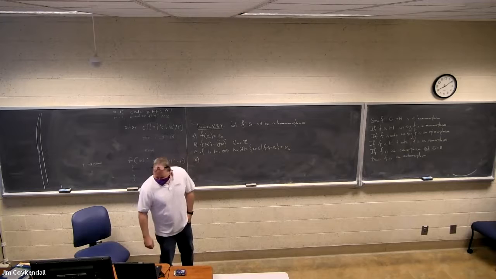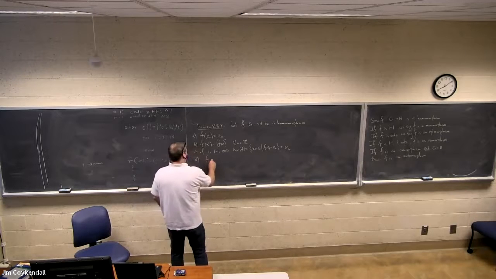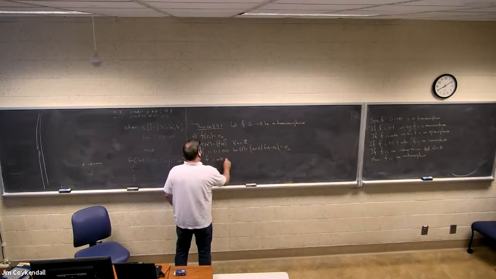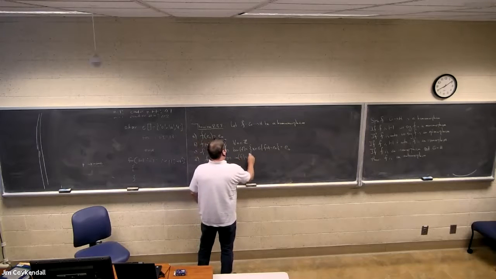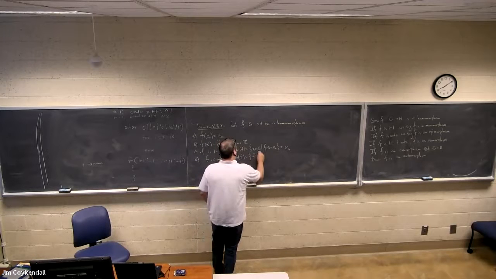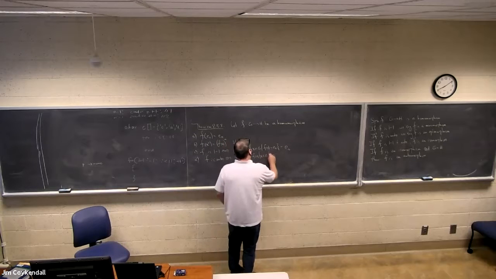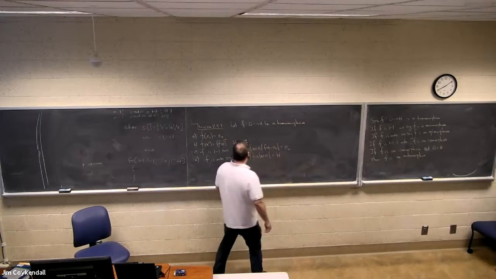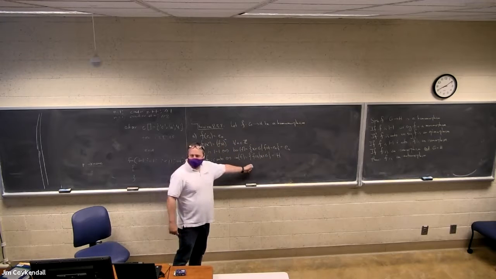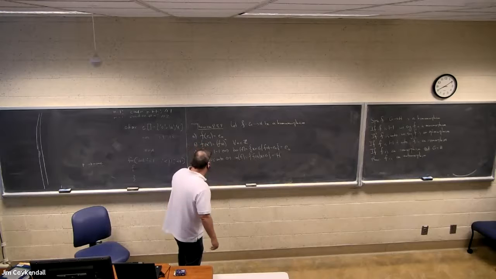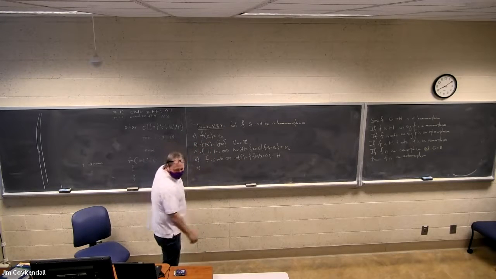D: f is onto if and only if the image of f, which is the set of f of x, where x is in G, is all of H. That's not too exciting. I won't bother to prove that because this is no different than a map of sets, right? There's nothing special about being proved there.